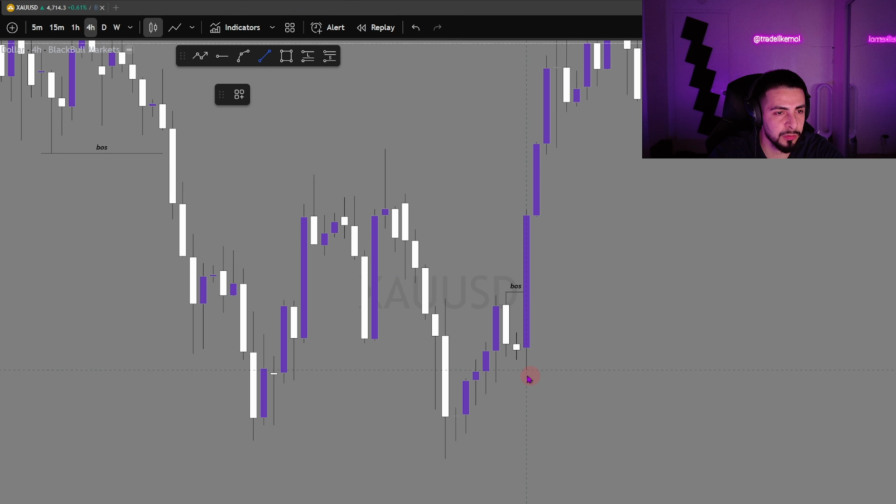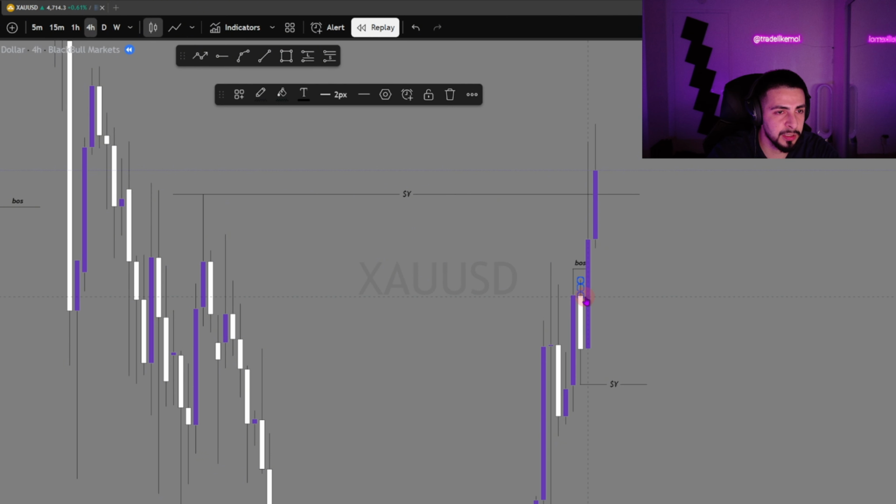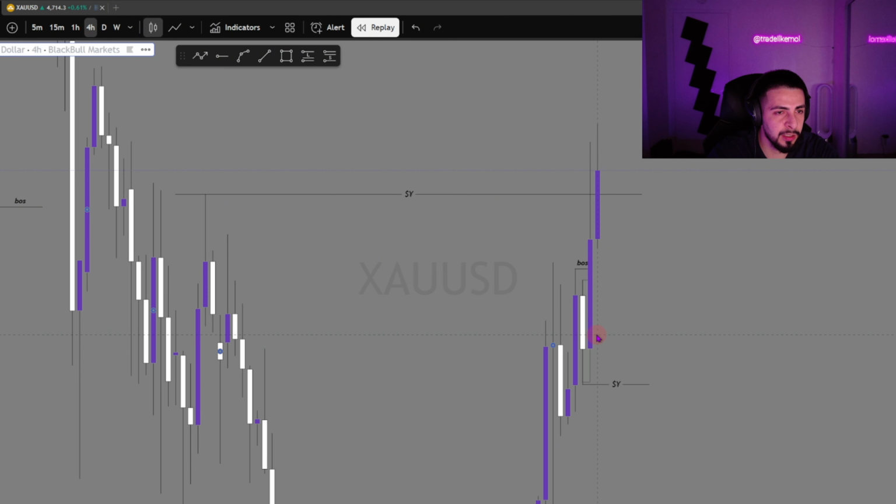So you want to be looking for either temporary sells up here on the 5 minute or whatever, or you can be looking for buys because the 4 hour is bullish. But you would need to either hit this order block here and wait for market to pull back and give you price action.